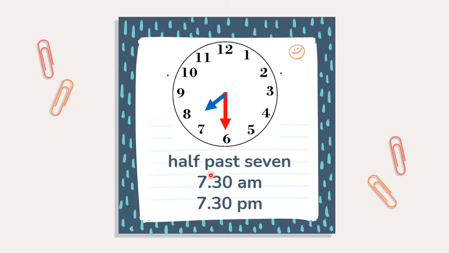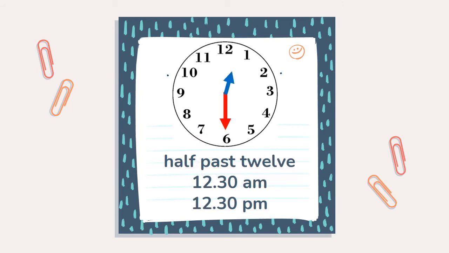Okay, next. The long hand is still number 6, and the short hand is between number 7 and 8. So, which number should we take? 7 or 8? Yes, 7. So, we should read it as 7:30. 7:30 a.m. or 7:30 p.m. Okay, this one is showing the short hand between number 12 and number 1.